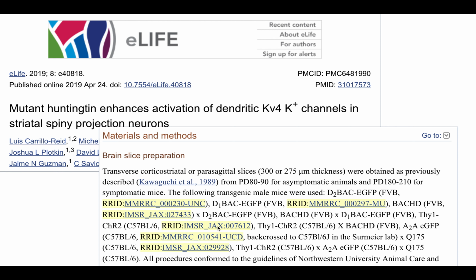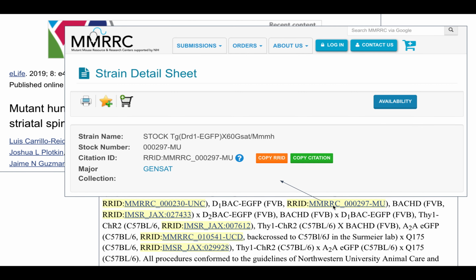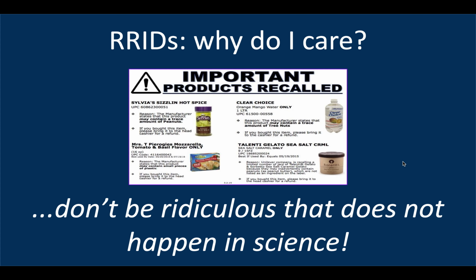So this is Jackson Laboratory, and that's the MMRC. So if I click on one of those, through the magic of the internet, I end up magically through the RRID resolver on the mouse strain datasheet, which, by the way, also encourages the use of RRIDs. So it all kind of comes full circle, doesn't it?